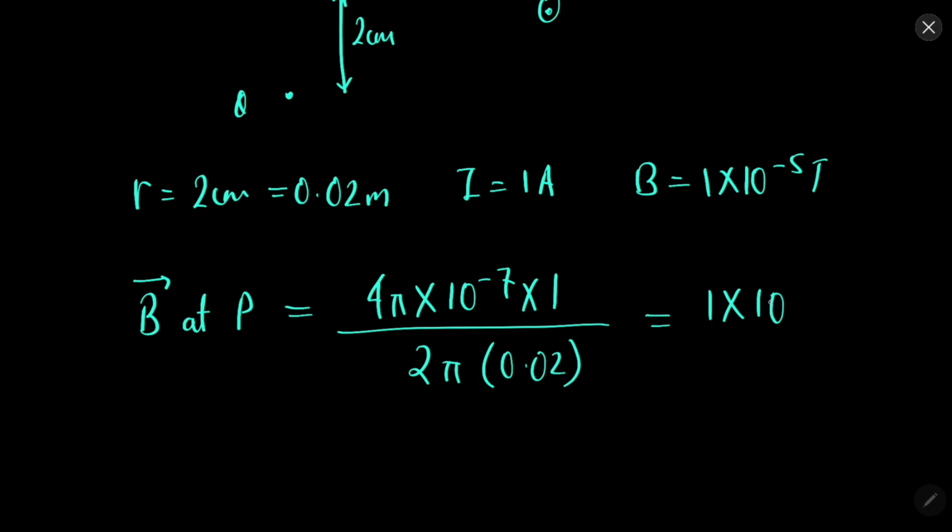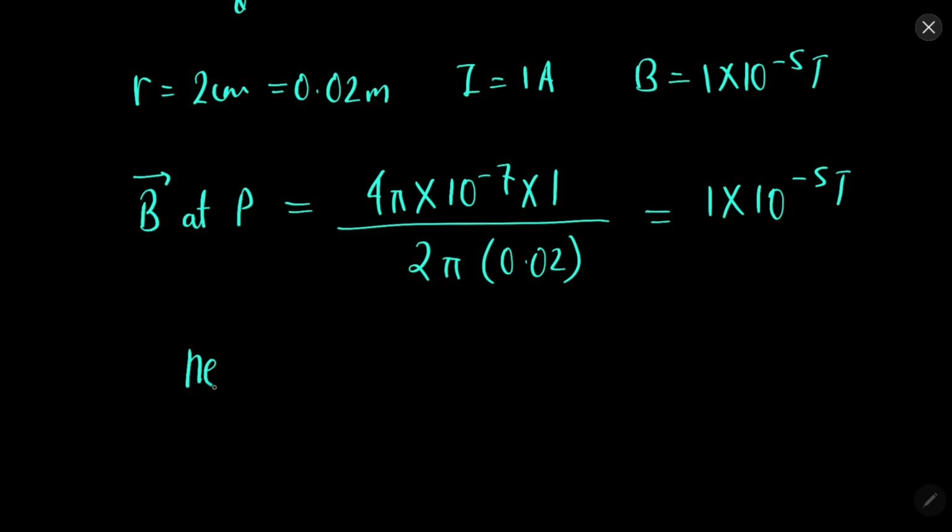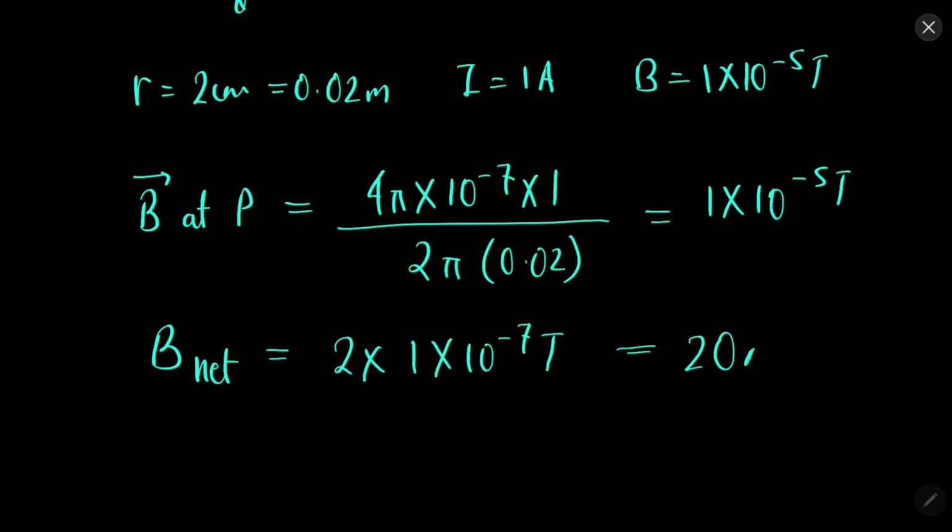So it will be 1 into 10 to the power minus 5 Tesla. So net magnetic field will be 2 into 1 into 10 to the power minus 5 Tesla, that is 20 micro Tesla.